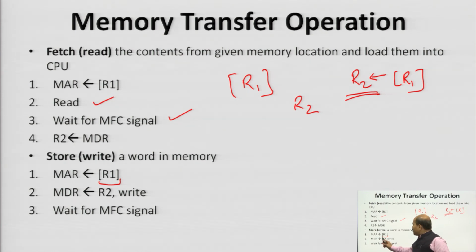So, first we have to transfer the data from R2 to MDR, and through MDR this data will be stored or written in the memory location whose address is given in MAR, and the write signal will be issued. Again we know the memory operations are much slower than the register operations. So, that is why the memory function complete signal will be issued. Wait for memory function complete, actually it is WMFC, or you can consider it as wait for memory function complete.